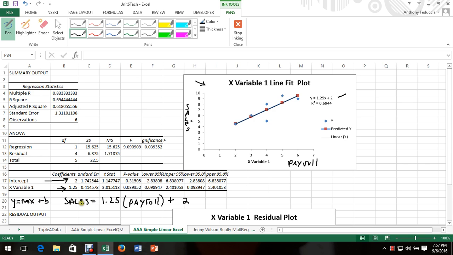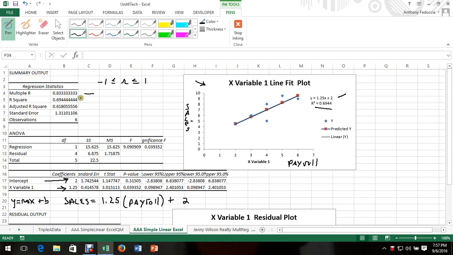Now, I also want to point out that it gives you a value of r squared here. Well, if you take the square root of r squared, you're going to get r, which is the correlation coefficient. Remember r, we talked about this. It goes from -1 to +1. The closer to +1, the better the positive relationship.